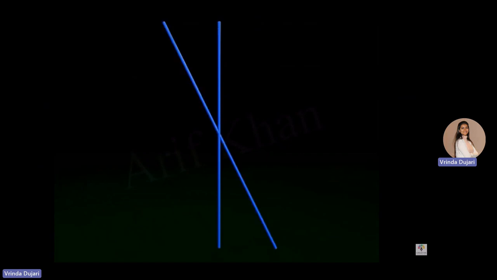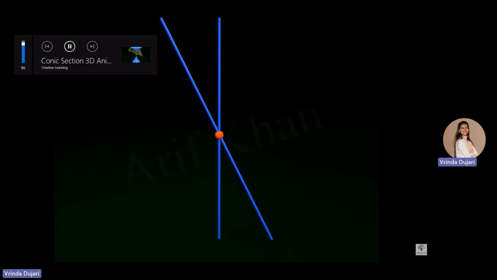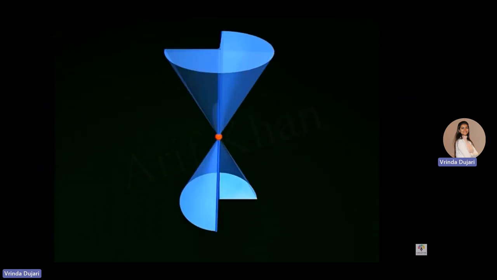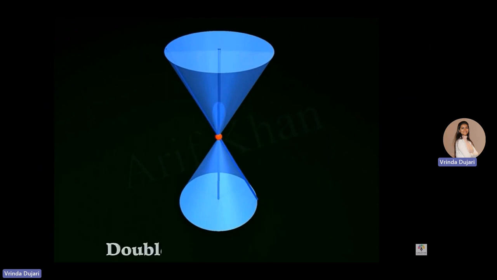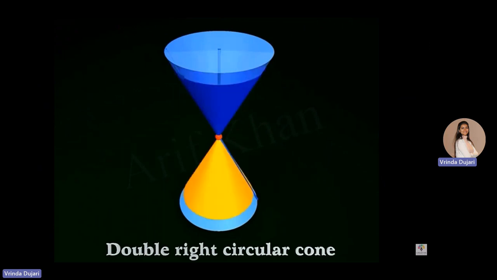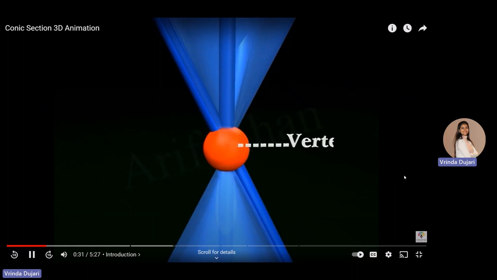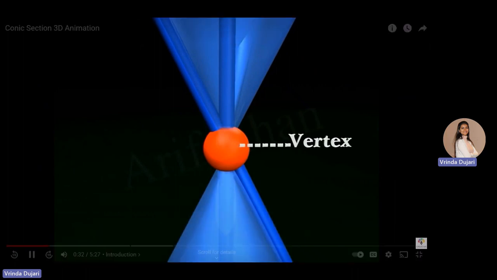When a straight line intersects a vertical line at a fixed point and rotates about that fixed point, the surface obtained is called A double right circular cone. A double right circular cone consists of two cones joined at a fixed point called the vertex. Conic sections.